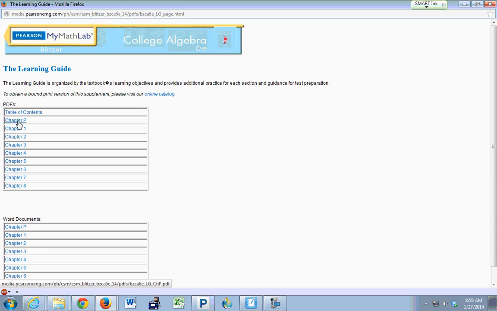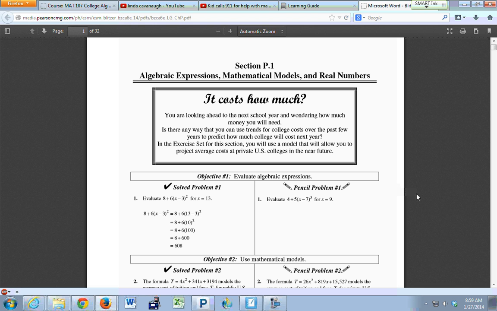For every single section in your book, so here's today's section, P1, and these are the topics in P1. Algebraic expressions, which I'm leaving for you to read about. We're going to focus on mathematical models today. So algebraic expressions and real numbers, you can read about, okay?